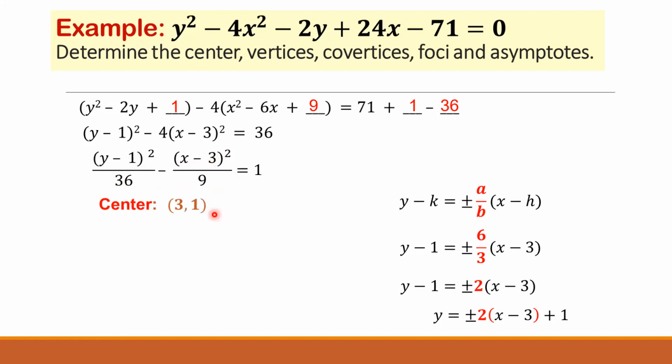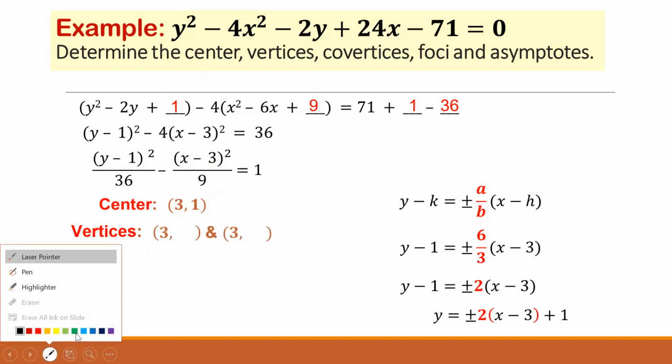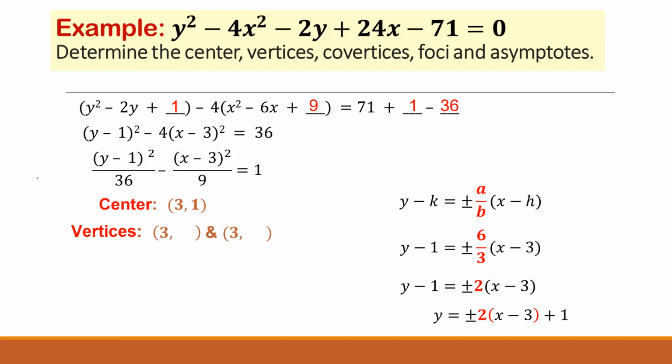So vertical transverse axis. What happens pagka vertical yung transverse axis natin? We're moving along the y values, fixing the 3. So if we fix natin yung 3, what do we have there? Our a will be equal to 6.